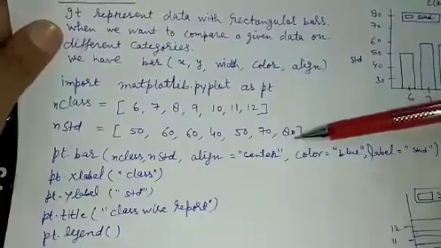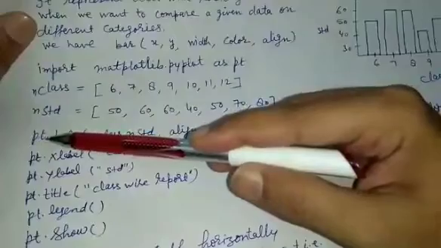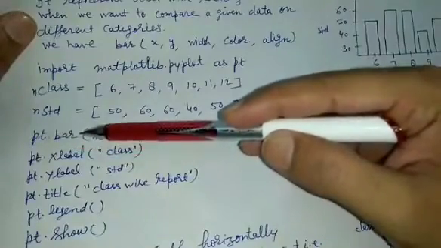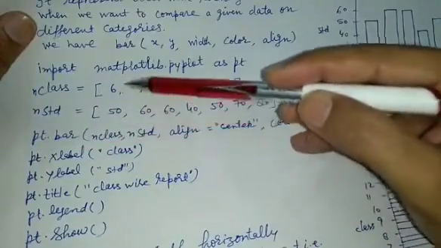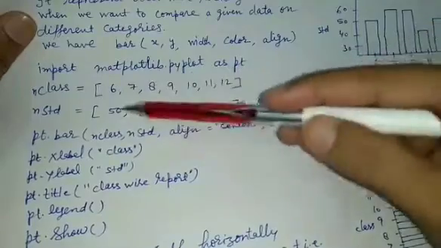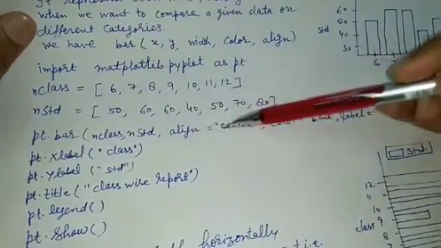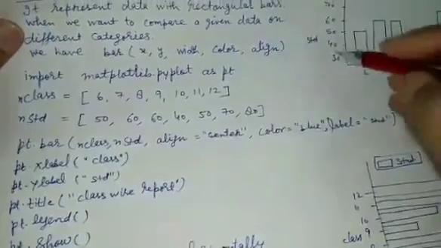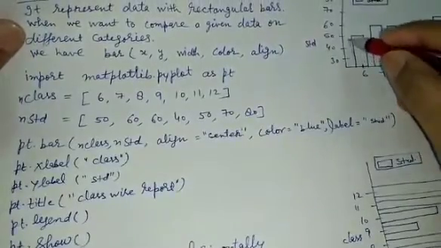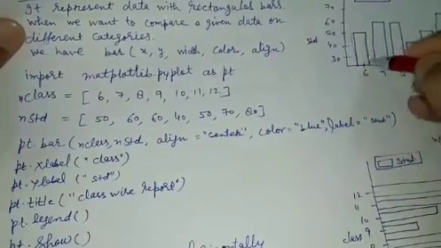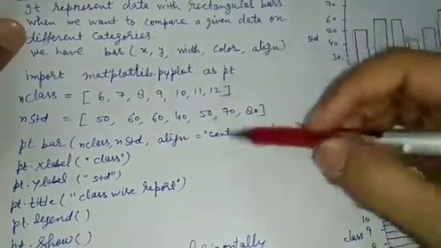Now let's draw these values on the axis. pt.bar, x-axis coordinates, y-axis coordinates, align is equal to center, as I previously told you that this is a bar which is centrally aligned to the data.